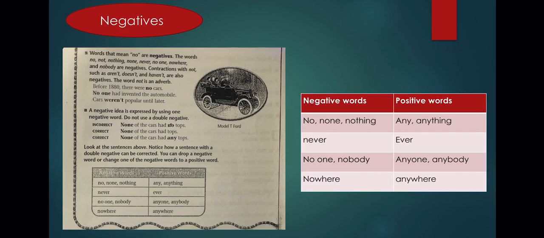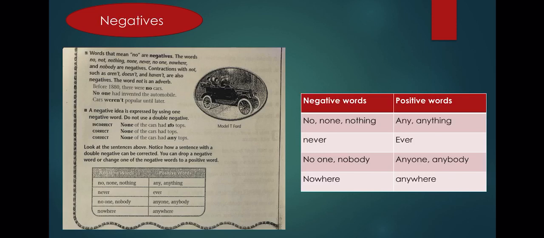It does not mean negative, okay? So we can use a negative word with a positive word, but we can't use two negative words in the same sentence. If we have a double negative sentence, it can be corrected by dropping one negative word or changing one of the negative words to a positive word.